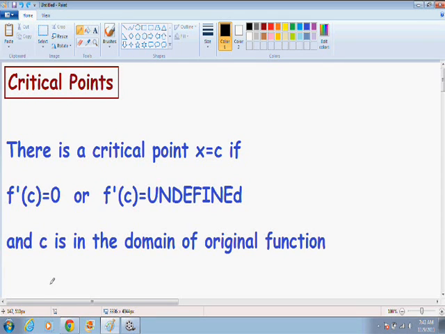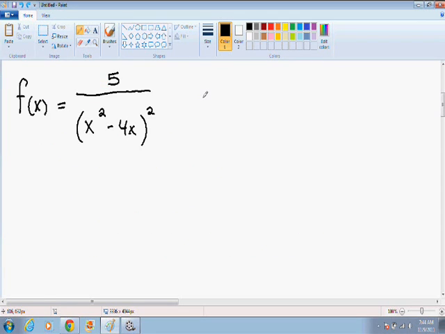This is going to make a lot more sense once we get started with an example, so let's get started right away. So here we have the function f of x equals 5 over x squared minus 4x, squared. To take the derivative, you probably think that you have to use the quotient rule, but I'm going to do a little trick using algebra just so we avoid using the quotient rule.